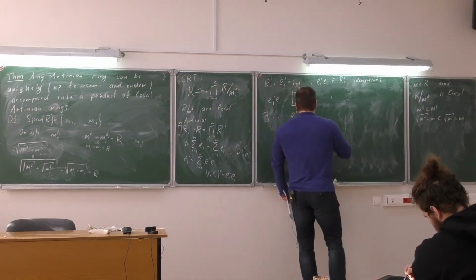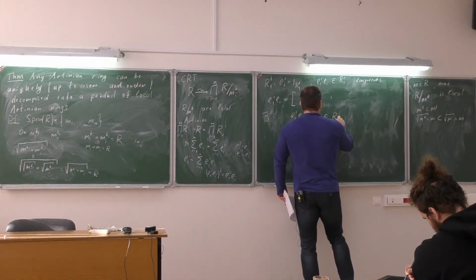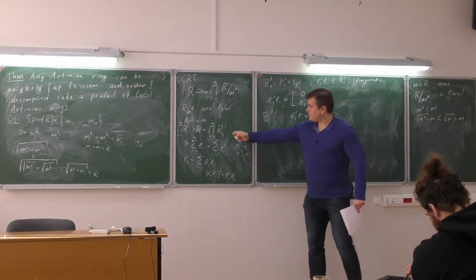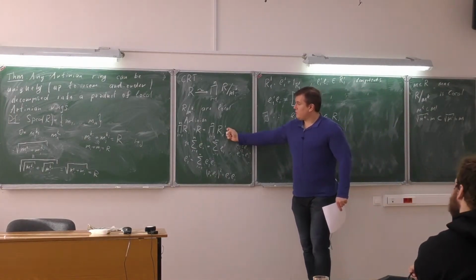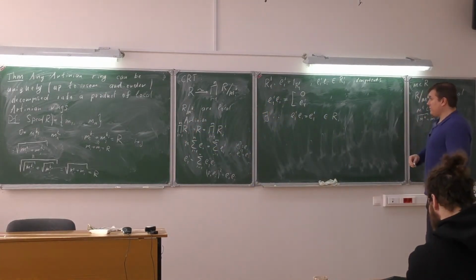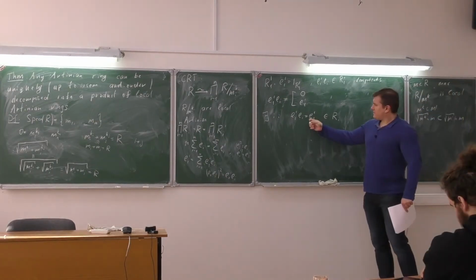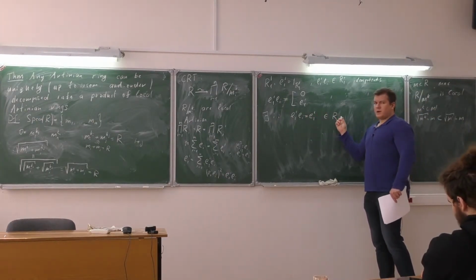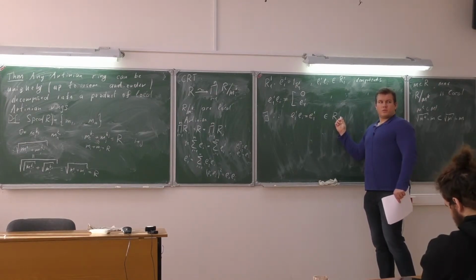Now, let's look at this identity as an identity inside the ring Ri. I've done some computation in R1 prime, and now we're moving to another local ring Ri. In the local ring Ri, this is still an idempotent, and it is a non-zero idempotent.